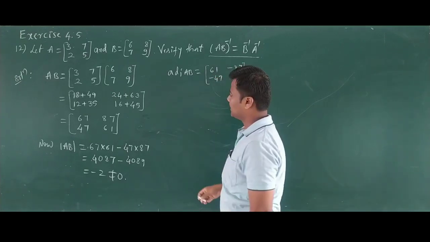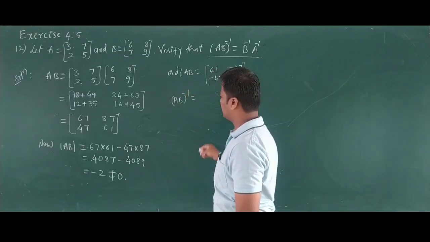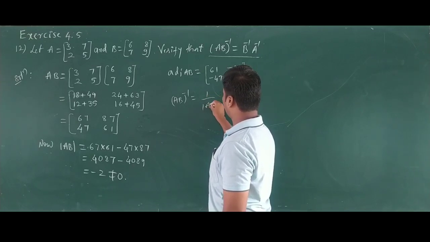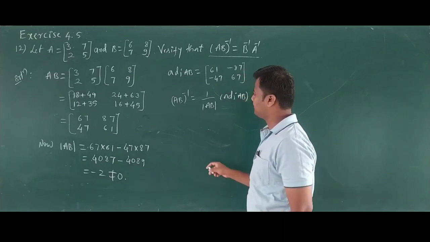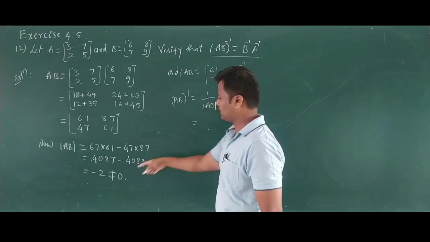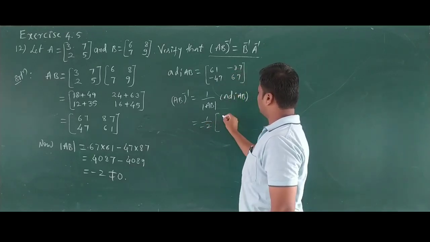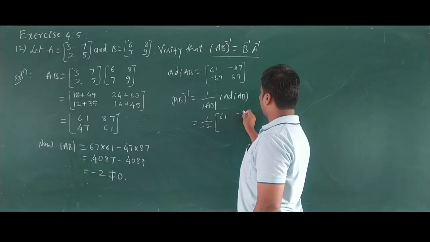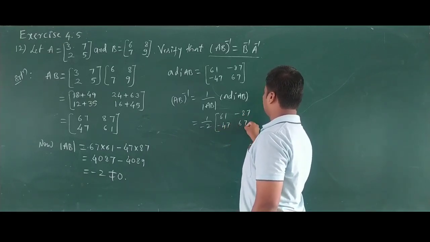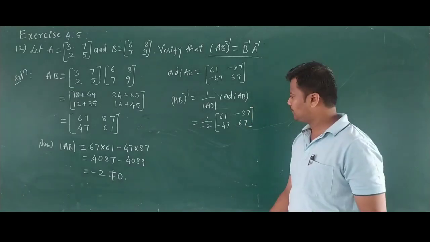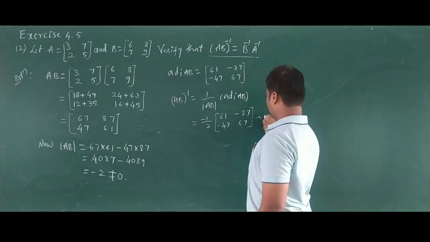Now (AB) whole inverse equals 1 by determinant of AB into adjoint of AB. So this equals 1 by minus 2 into 61, minus 87, minus 47, 67. Okay, called as equation 1.